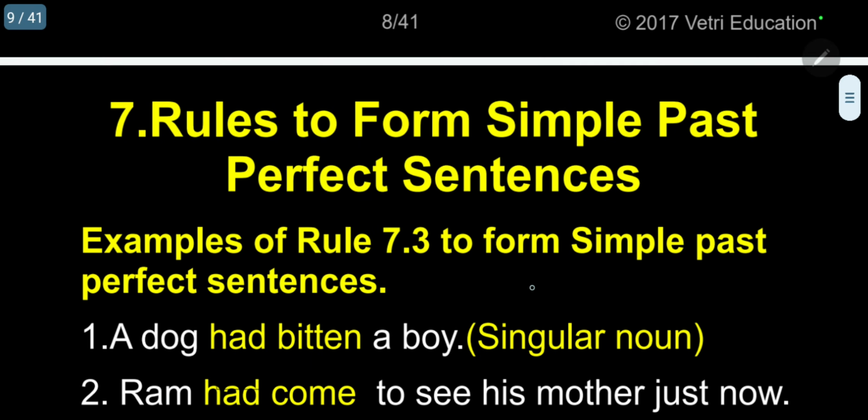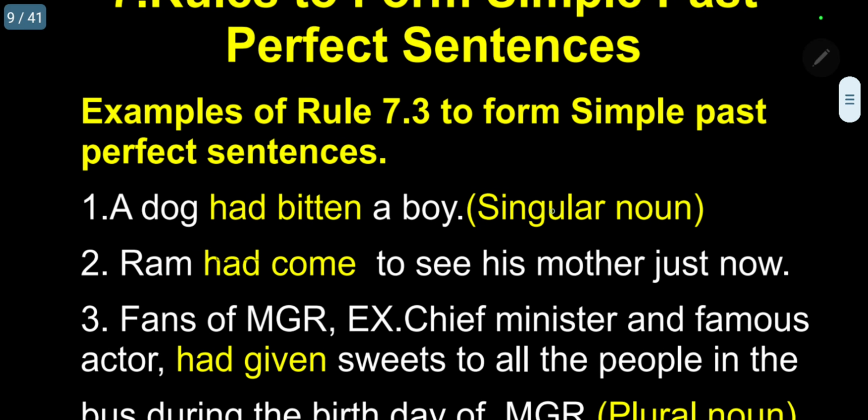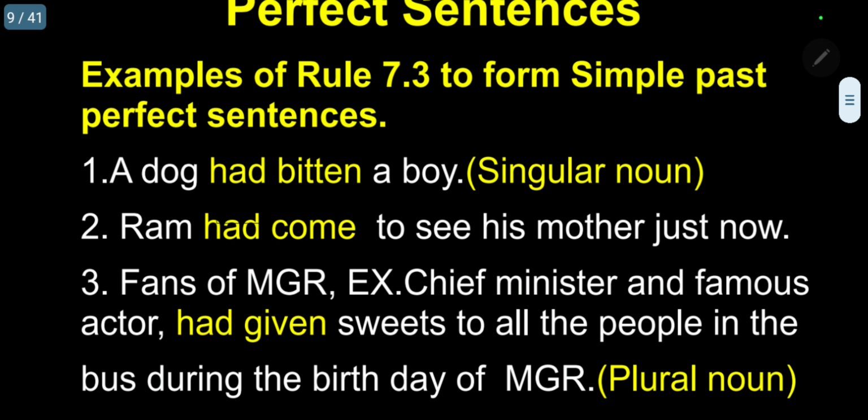Okay. Now, I am using the same verbs in examples to understand that. A dog had bitten a boy. Bite is the verb. So the double T we are adding. Actually, bitten. Kindly follow. Because the vowel is there, we have already seen that. So had bitten.